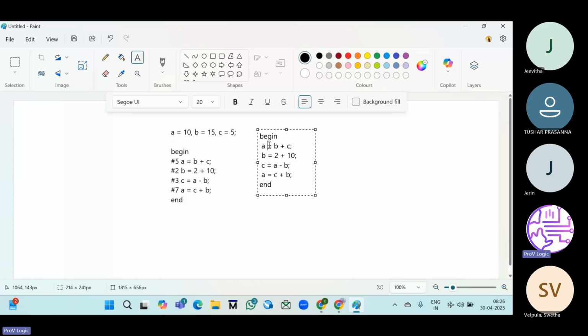Which is the blocking and which is the non-blocking? Blocking is on the left side, and the right side is non-blocking. Jarin, can you tell me what is the difference between intra-assignment delay and inter-assignment delay?